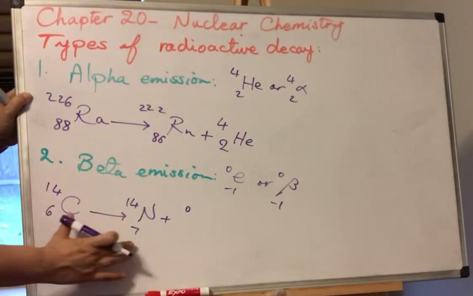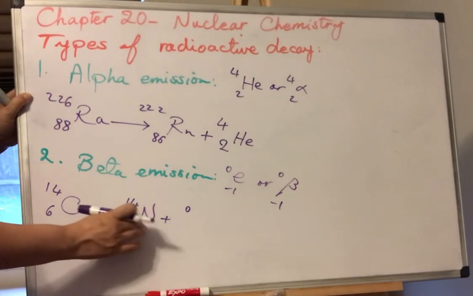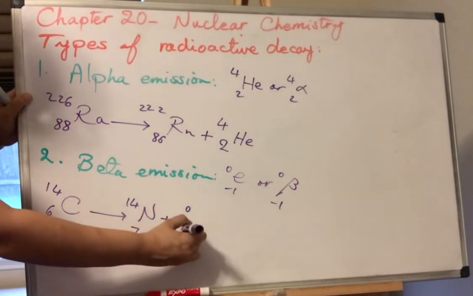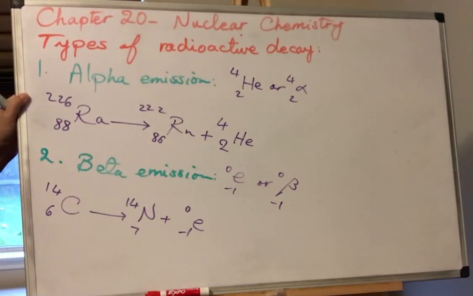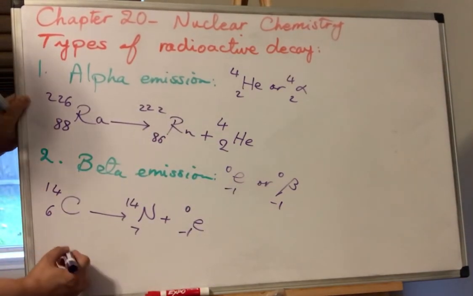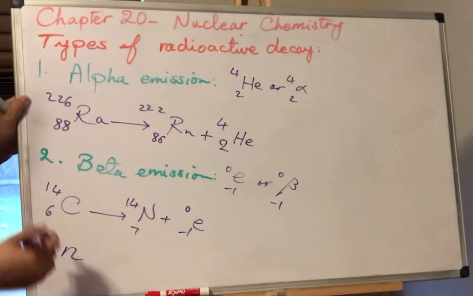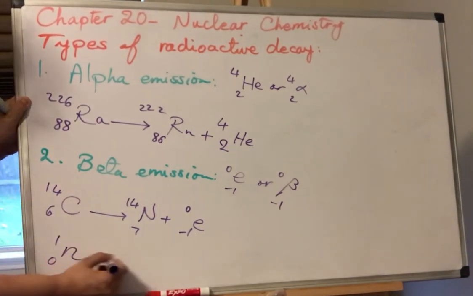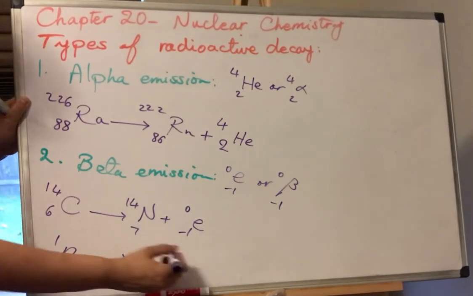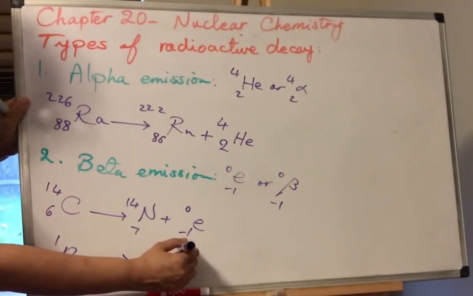How many do we need here? Well, how much do we need here to make it 6? We need a -1, which is the same as an electron. Also, it's equivalent to when a neutron emits an electron.